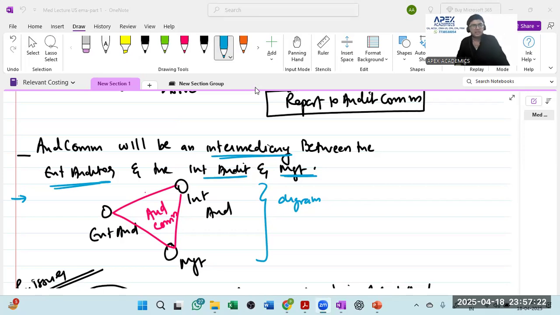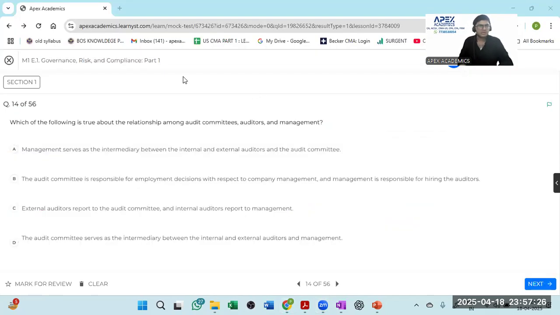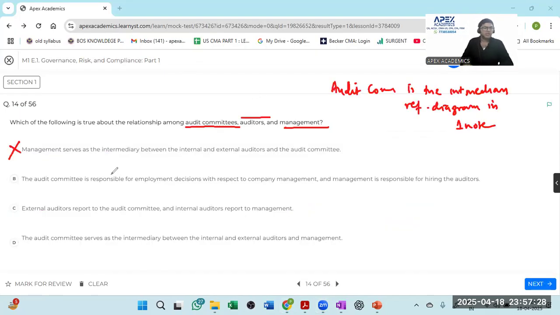Right? Let's go back over here to our MCQs. Audit committee is responsible for employment decisions with respect to company management, and management is responsible. Absolutely wrong. Sir, not the audit committee, it is the board of directors with respect to hiring.